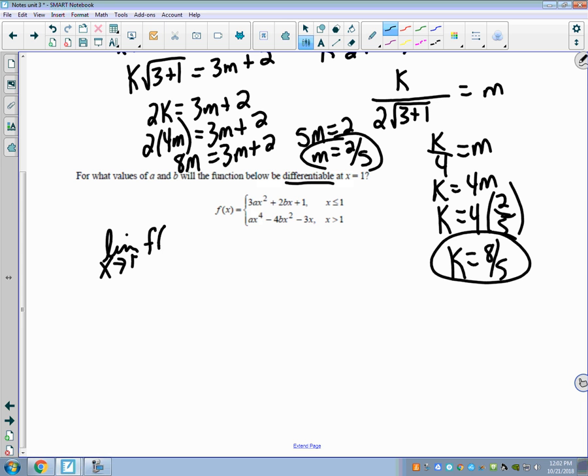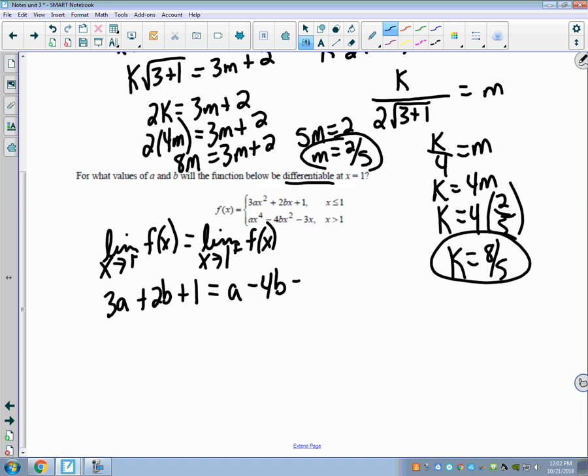So if it's continuous, I'm going to check the limit as x approaches 1 from the left of f of x and the limit as x approaches 1 from the right of f of x. I'm just plugging 1 in there.